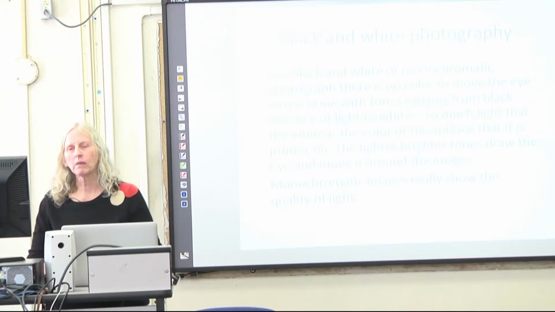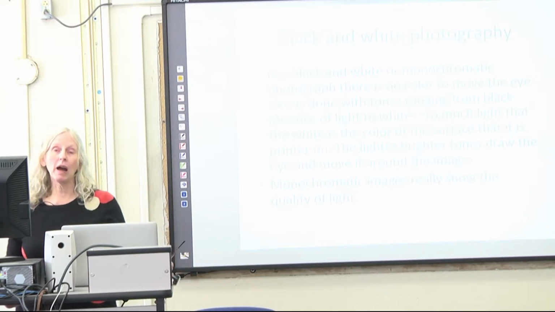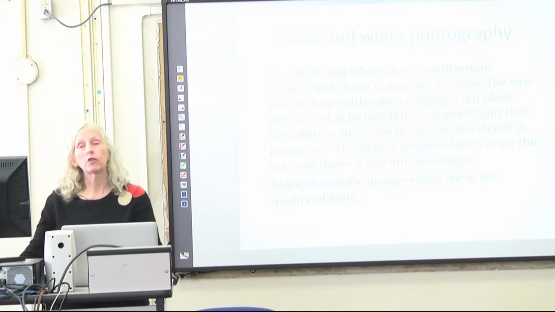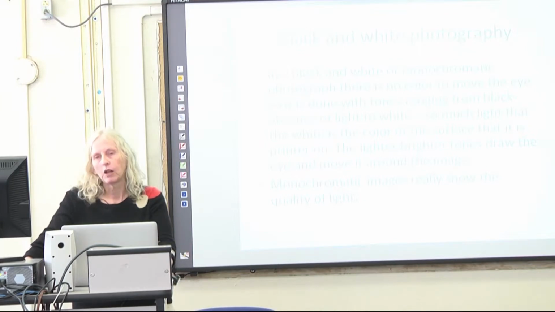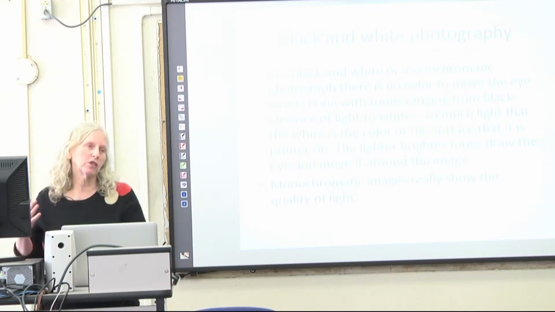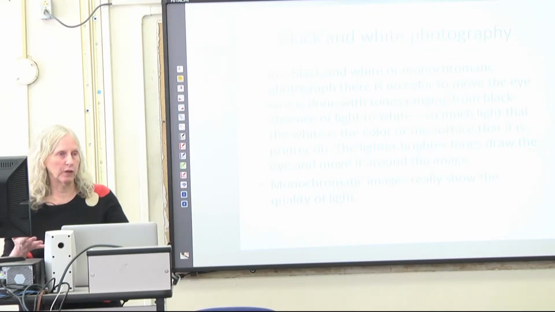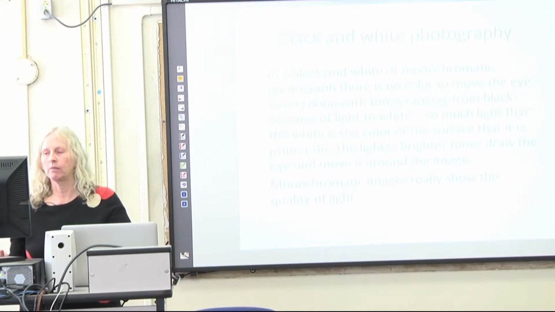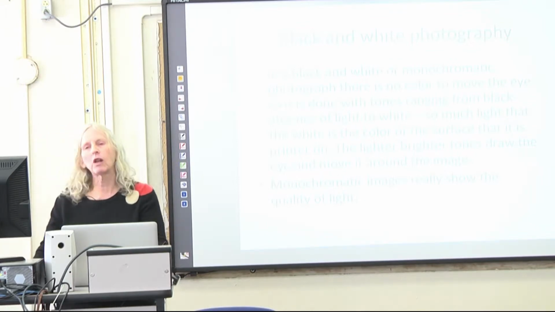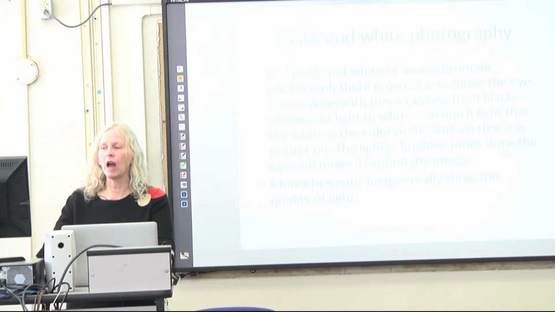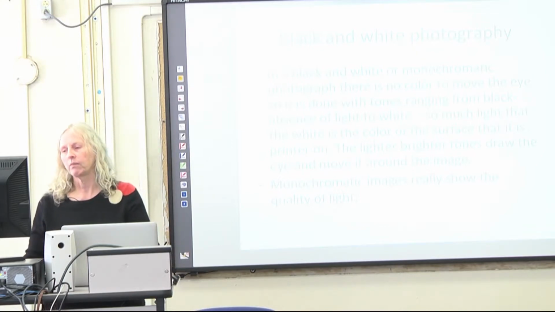In black and white or monochromatic photography, there's no color to move the eye. So it is done with tones ranging from black, the absence of light, to white, which translates pretty much as the surface of the media you're printing it on. It's the lighter, brighter tones that draw the eye and move it around the image.